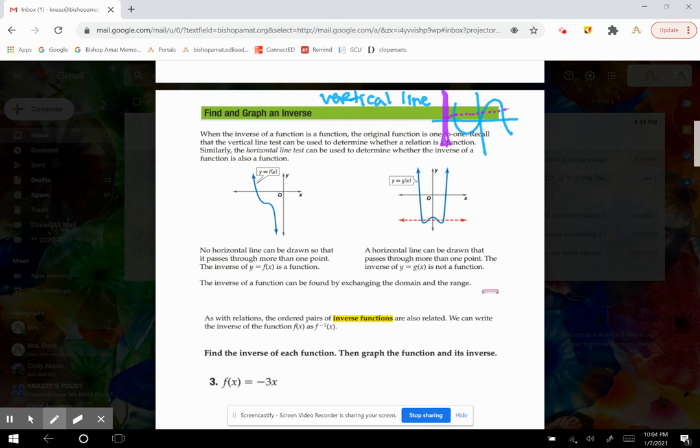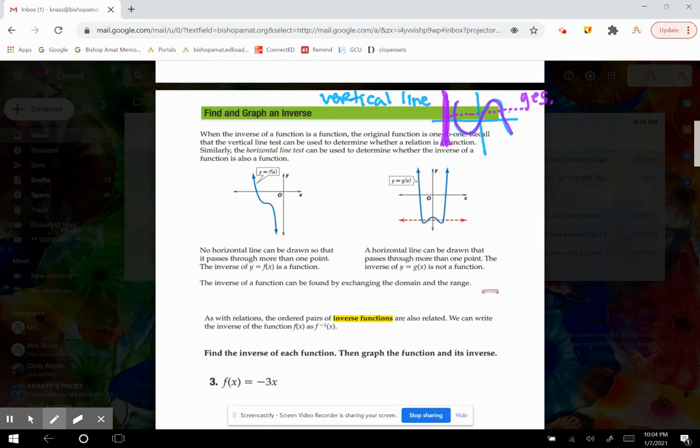If it ever hit my graph more than once at the same time, it was not a function. So this would be a function, because my pencil would never hit any of these lines at the same time. Vertical line test.